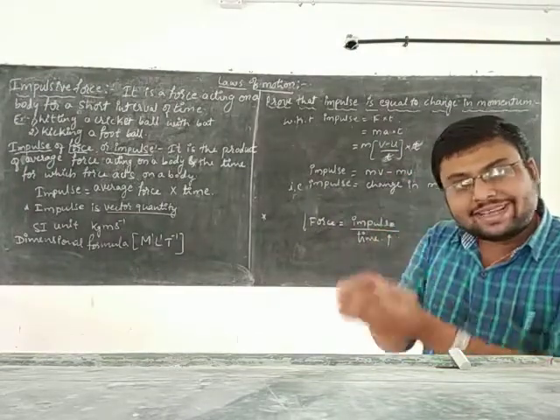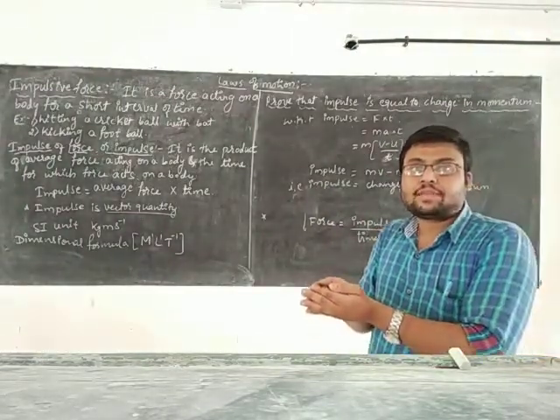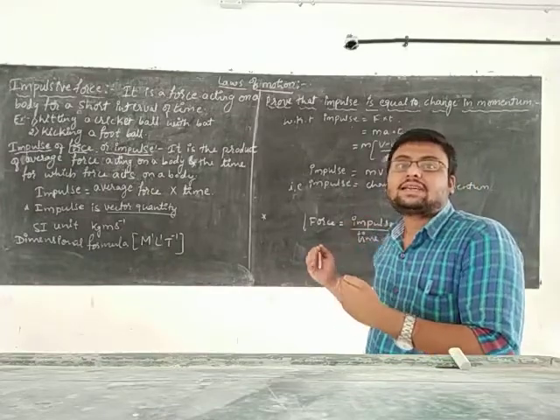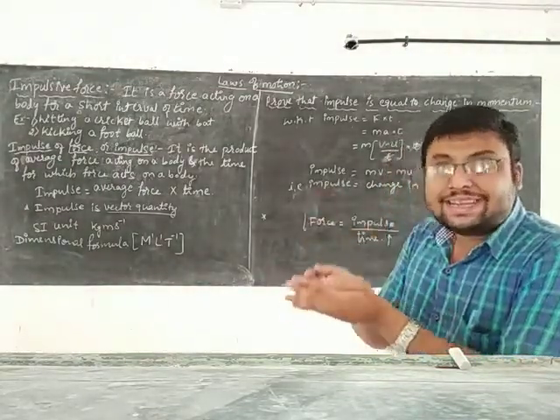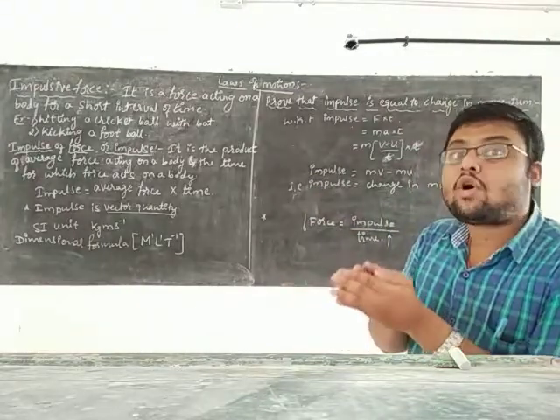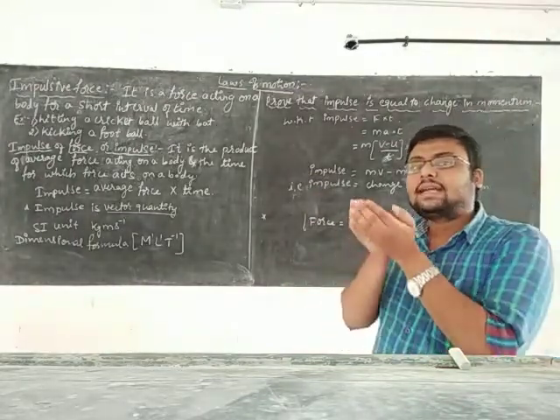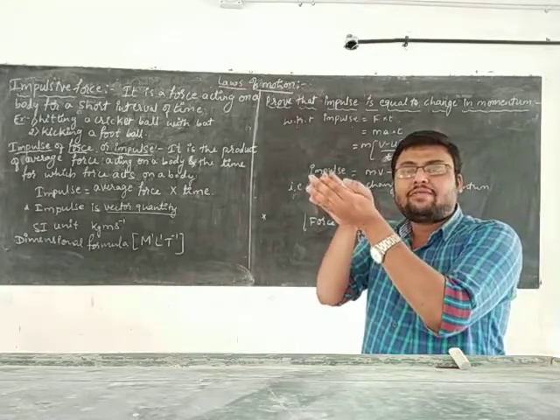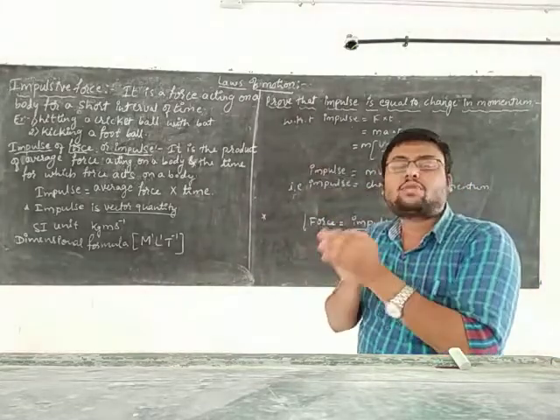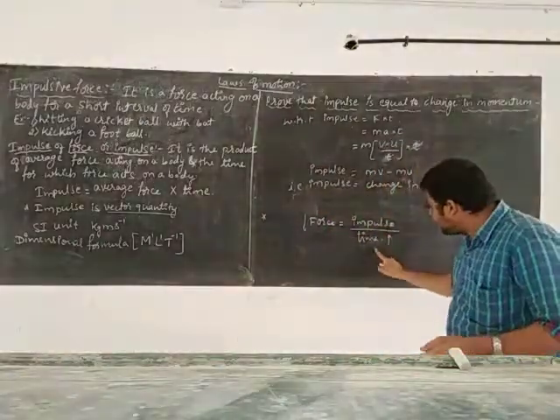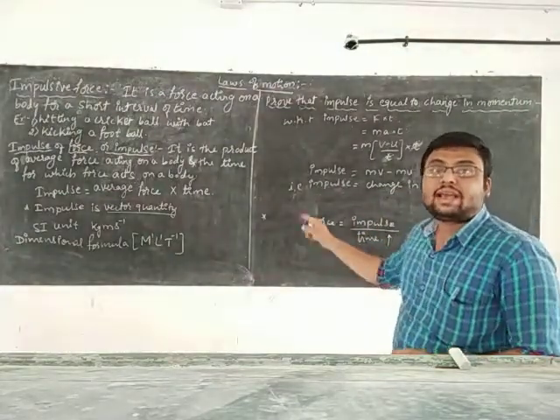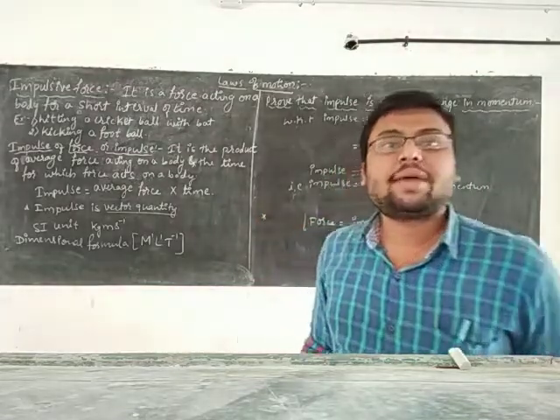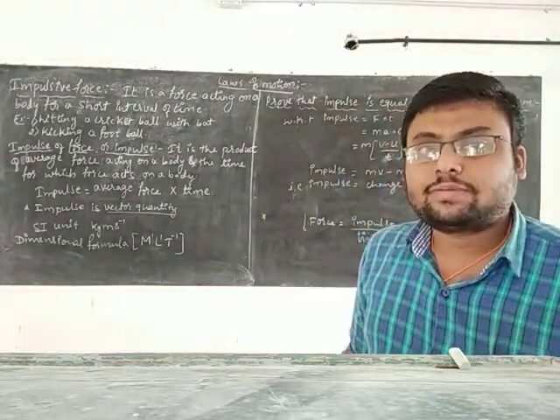By lowering his hand while catching, he increases the time of impact so that the force acting on his hand decreases, so he may not get injured. Suddenly, without lowering the hand, if he catches the ball, then the time is less. Denominator less means the total ratio, the force, increases, and he may get injured.